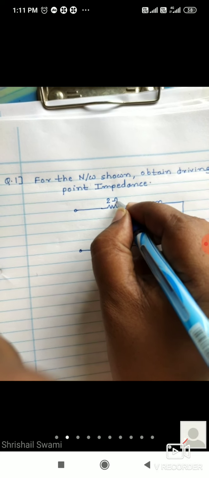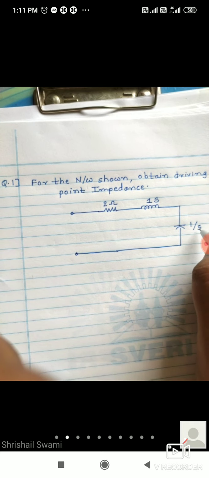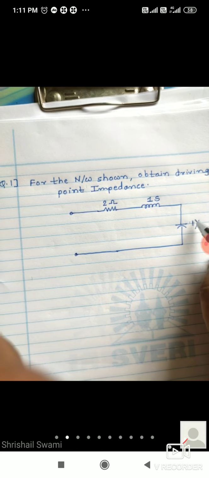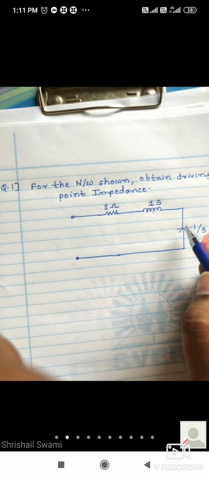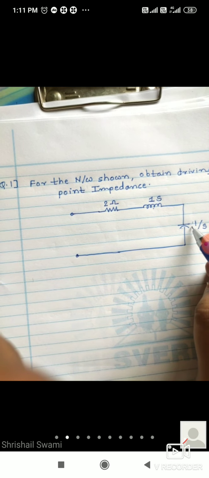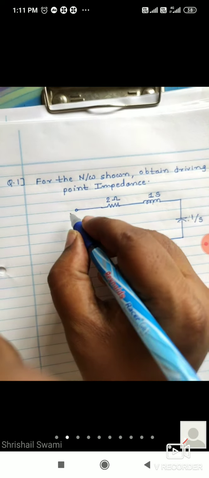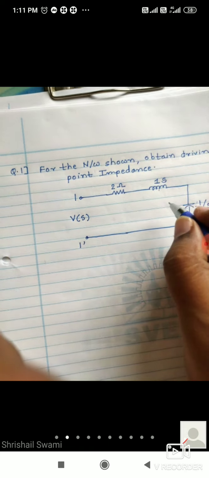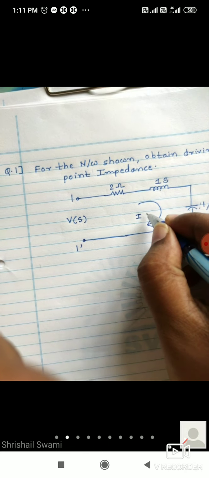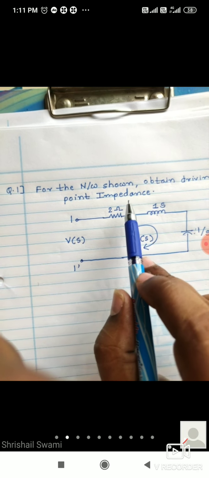This is 2 ohm, this is 1 S, and this is 1 upon S. So for a capacitor it is always 1 upon S, the value can change. For inductor it is S, and for capacitor it is 1 upon S. So here coefficient is 1. Here voltage V of S is connected and current is shown, that is I of S. So what you have to find for the network shown, obtain driving point impedance.